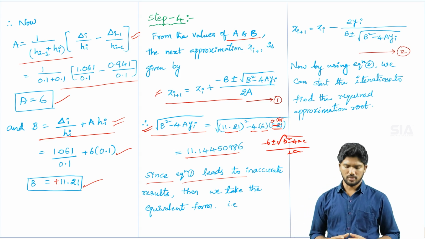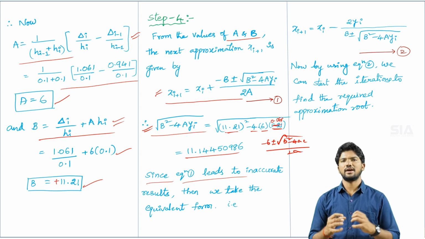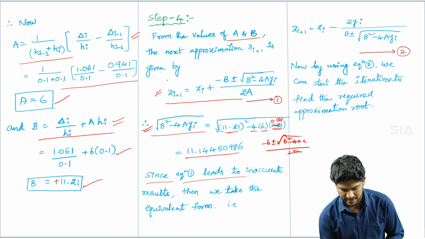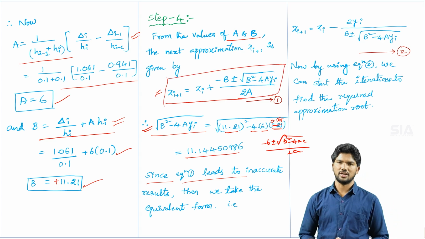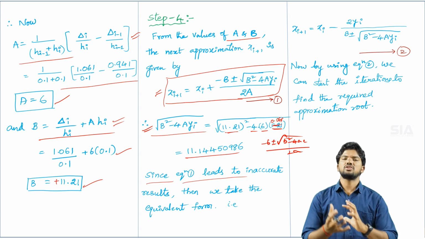Since equation number 1 leads to inaccurate results, we take the equivalent form. If you use this equation number 1 to solve for the root of the given equation by Muller's method, you will get inaccurate roots.